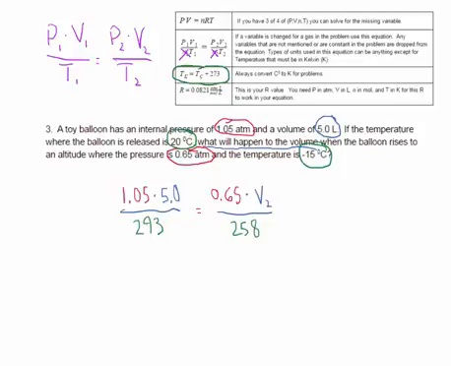258. Okay, so then we just have to do some algebra. What I would do is take this times this divided by this, and that gives me 0.0179. Then I'm going to take this divided by this, which gives me 0.00252 times V2.